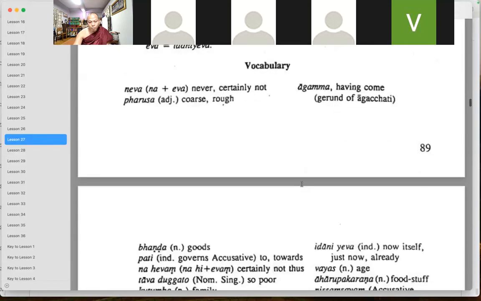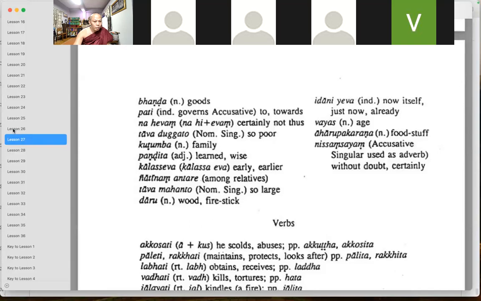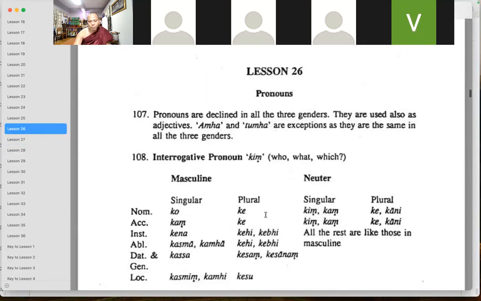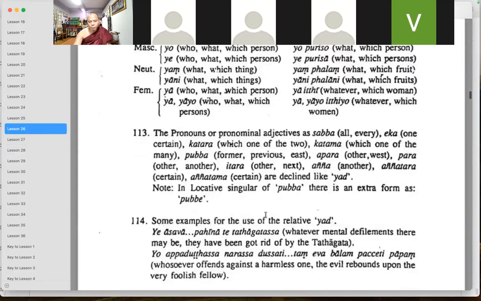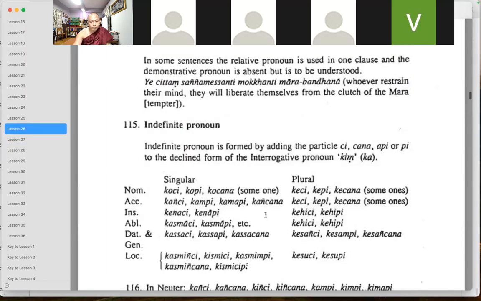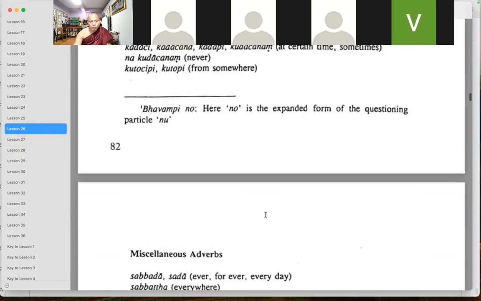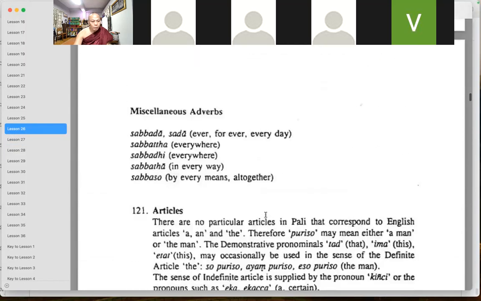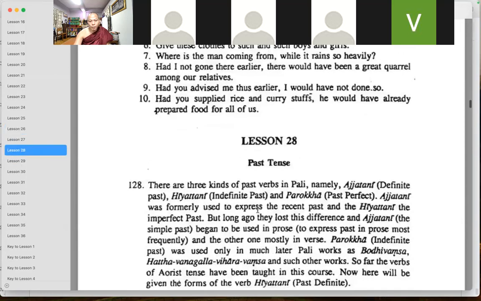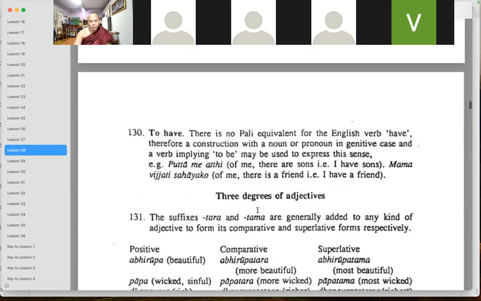That is conditional mood on now. 26. Indefinite pronoun. Indefinite adverb. Maybe 28, past tense, after the past tense.